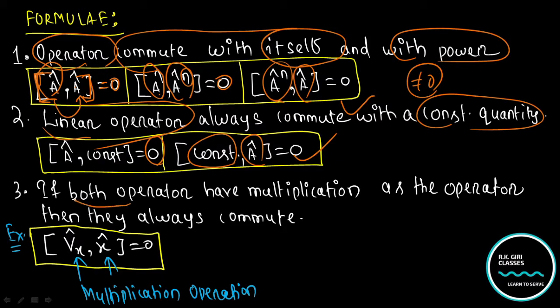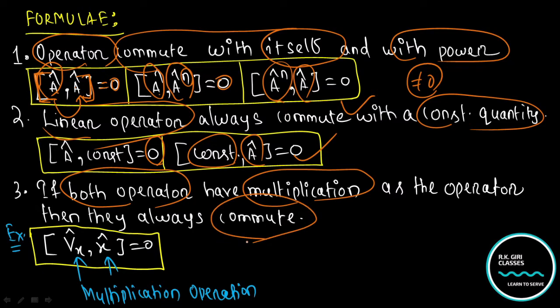If both operators involve multiplication, then the operators commute with each other. For example, if you have two operators like Vx and x, the result is 0. That means Vx and x commute among themselves, right? So this is the information on multiplication operators.